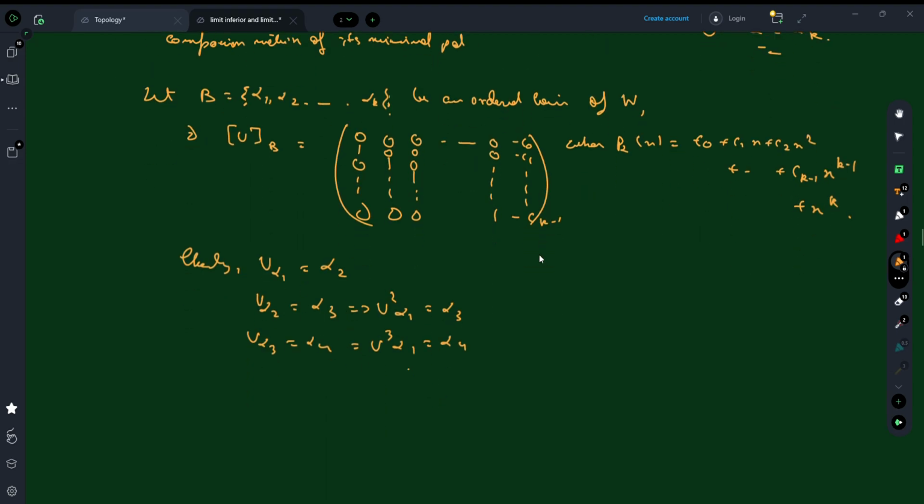Right? And so on. We can continue till we have U of alpha k minus 1 to be alpha k, but that is nothing but U to the power k minus 1 of alpha 1, and that's exactly equal to alpha k.